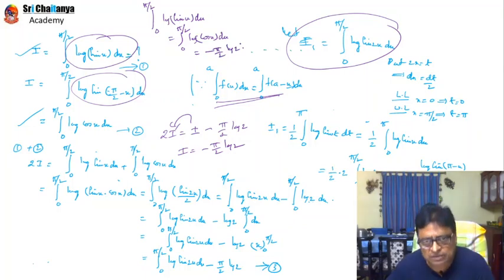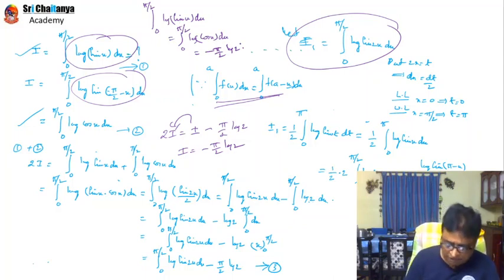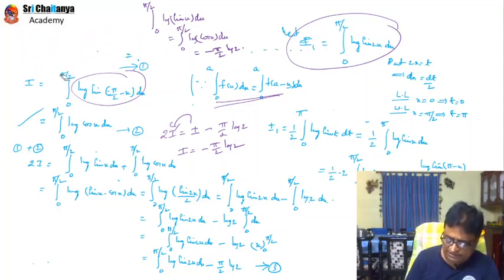Please learn this result by heart. It is a very, very useful and important result, and several applications are directly or indirectly involved with it. So practice this as the standard result.